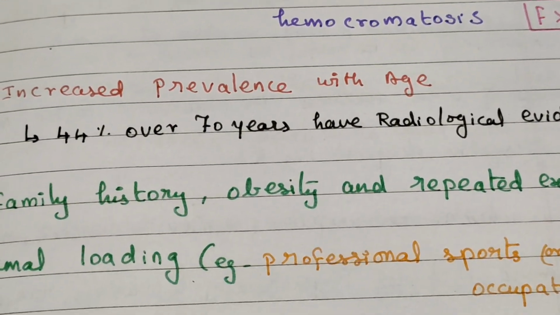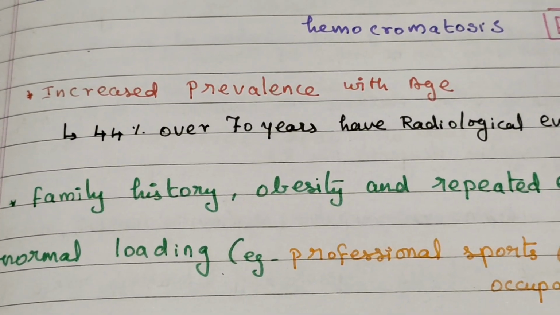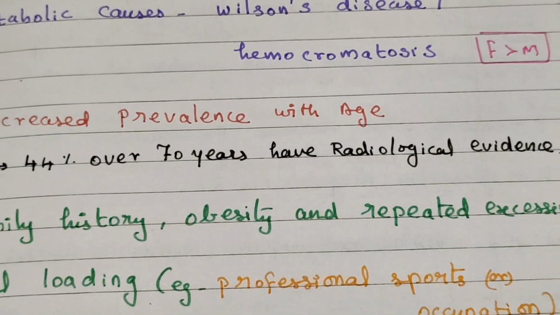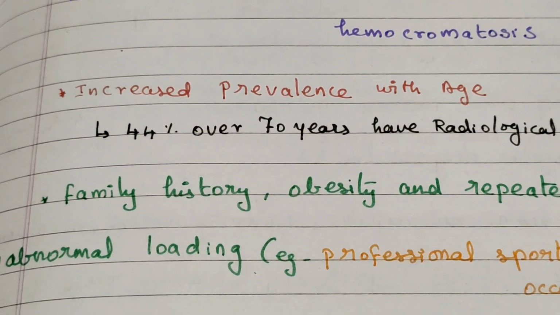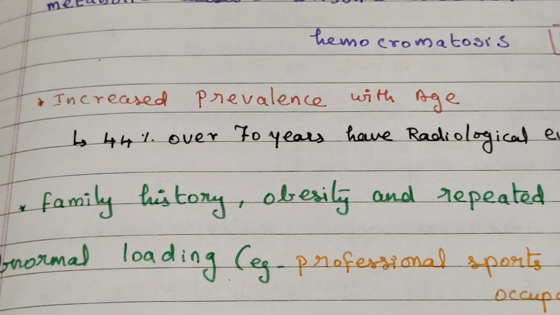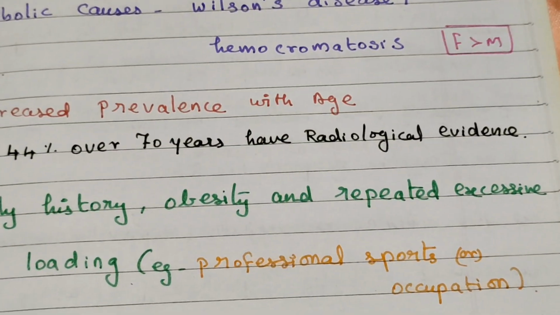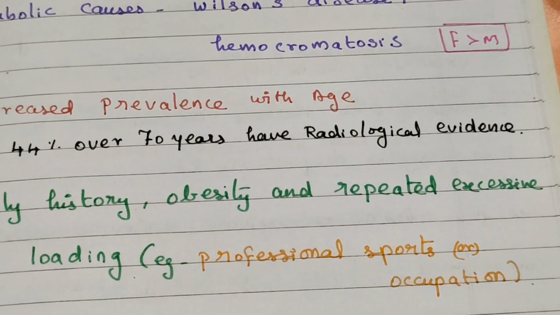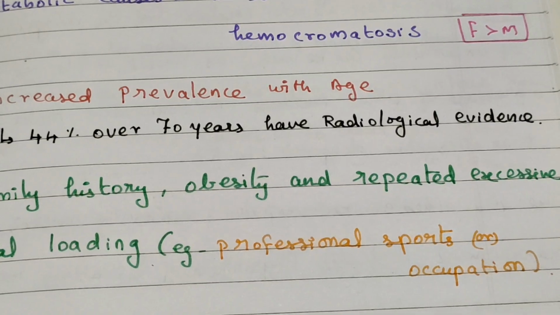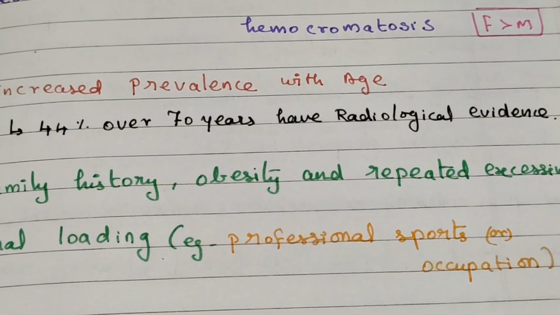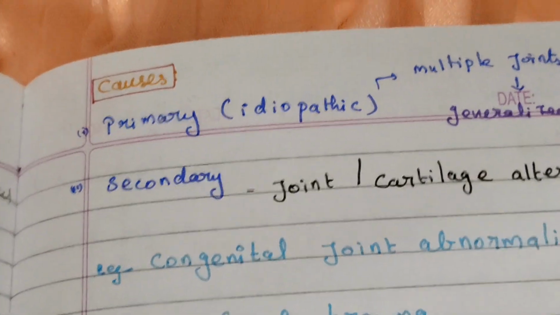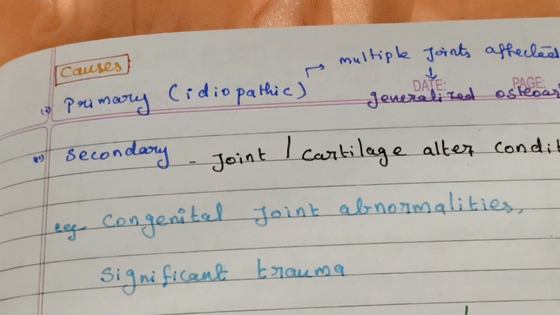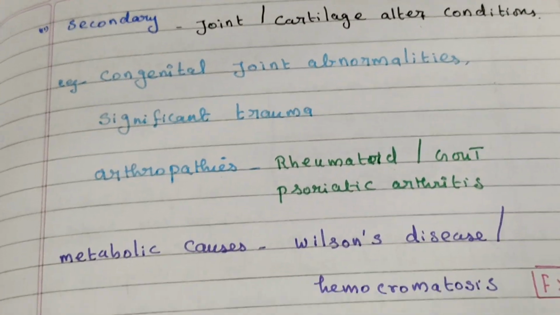Other risk factors include family history, obesity, repeated excessive abnormal loading such as in professional sports or occupations, and physical inactivity has also been shown to be a risk factor. So these are the risk factors. Primary reason unknown, secondary reasons, these are the things.